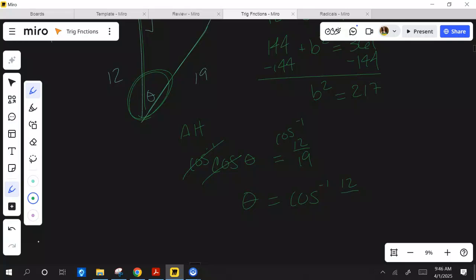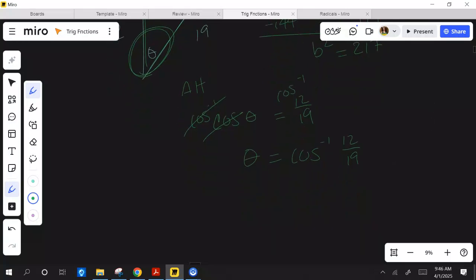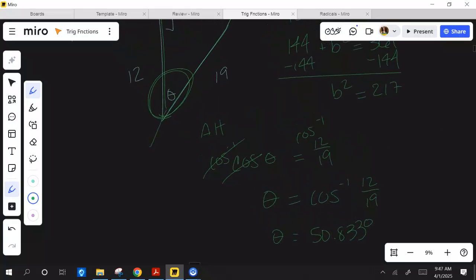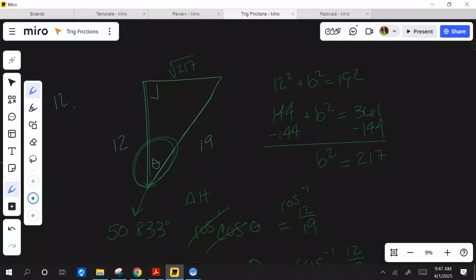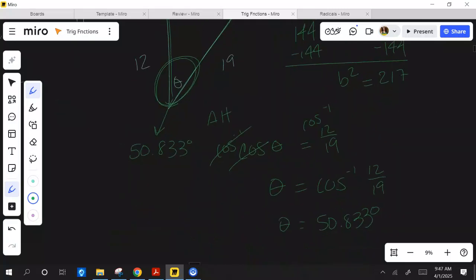So if you put this in your calculator, making sure you are in degrees and not radians, what do you get for your theta? 50.833. Were you in radians and not degrees? That will do it. So this is 50.833 degrees, which means this last angle, 90 minus that, would be 39.167. Second cosine, 12 divided by 19.